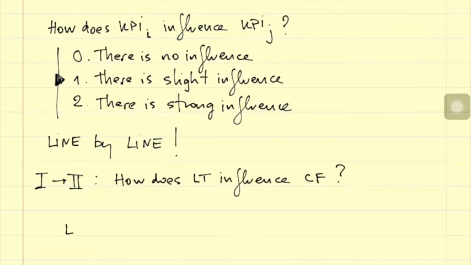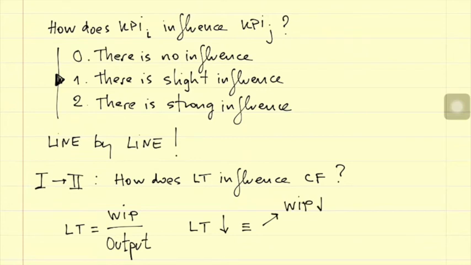Well, lead time, we know, is the work in progress divided by the output. So if the lead time decreases, it means that either the work in progress is decreasing or the output is increasing.